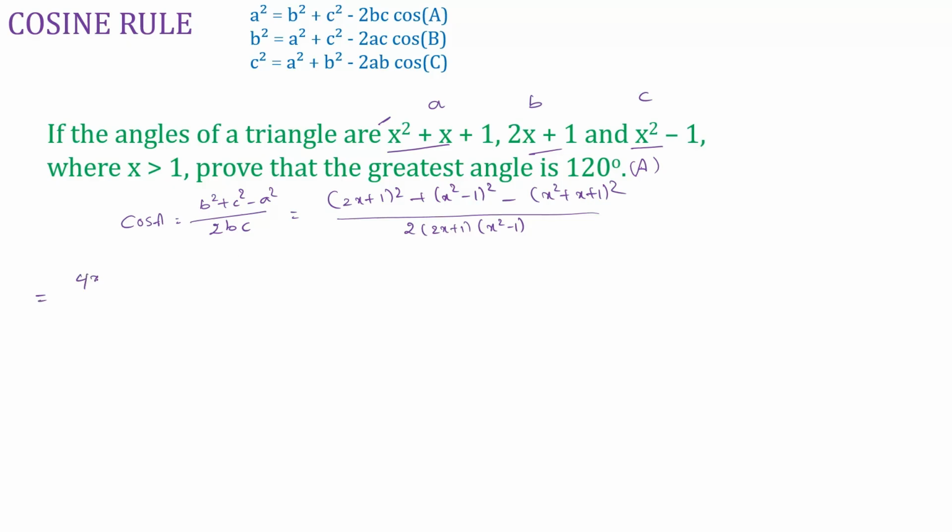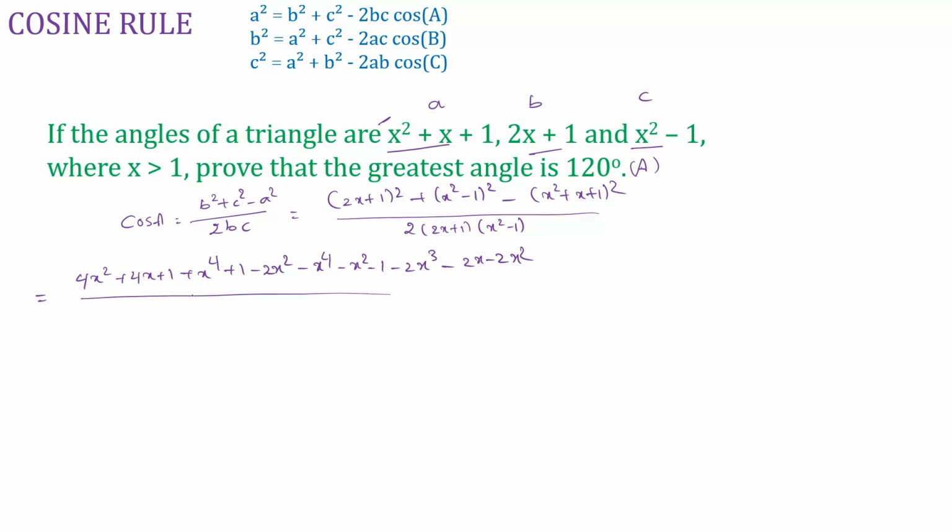Expand the first one to be 4x square plus 4x plus 1. And for the second one, it is x power 4 plus 1 minus 2x square. And the last one, we can expand that and we will be able to write this x cube minus 2x minus 2x square upon the denominator also.